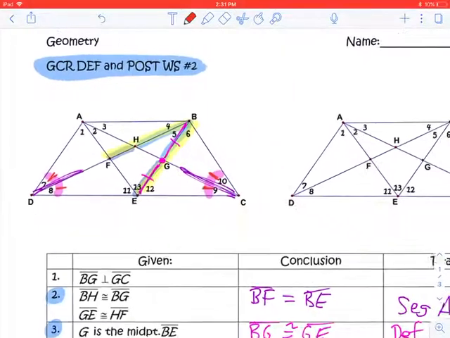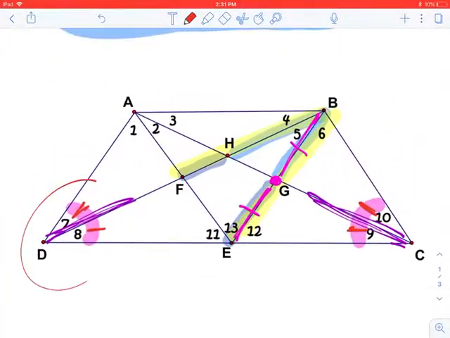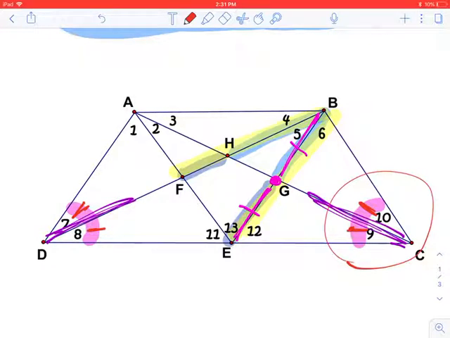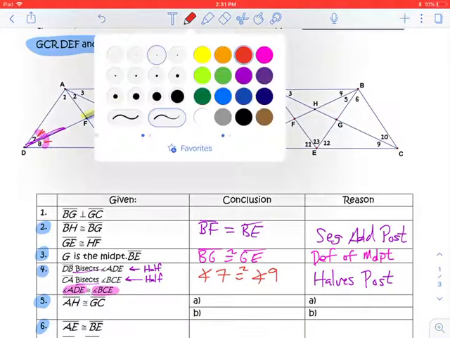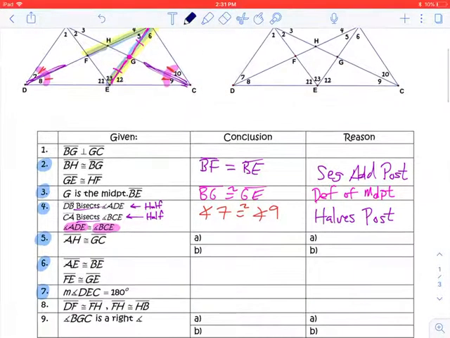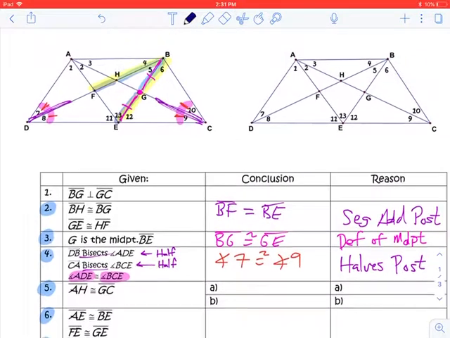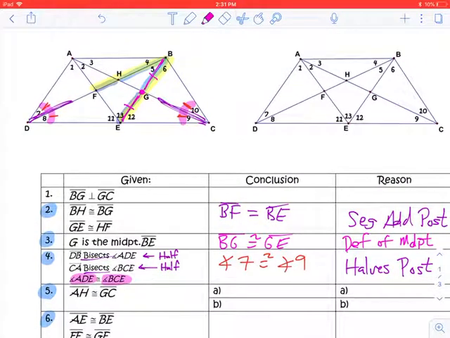So the halves postulate says one of these parts is congruent to one of these parts. I'm just going to say angle 7 is congruent to angle 9. I could have done angle 7 to 10, 8 to 9, or 8 to 10. Any of those.